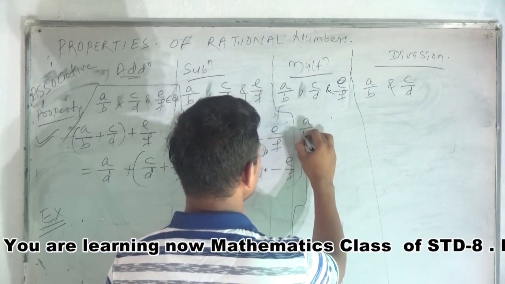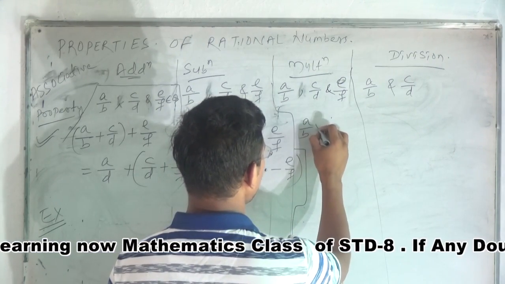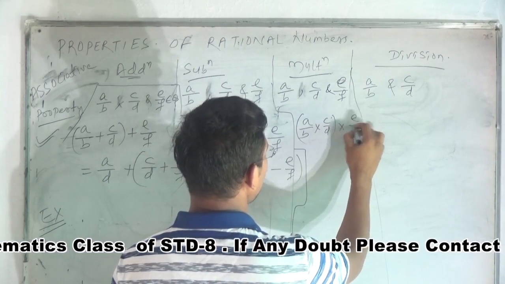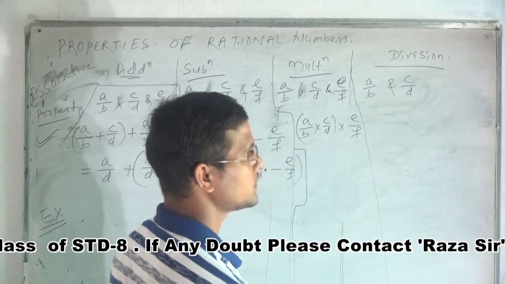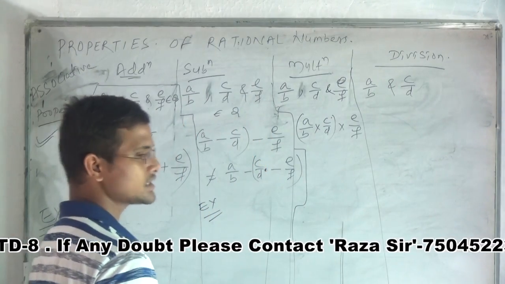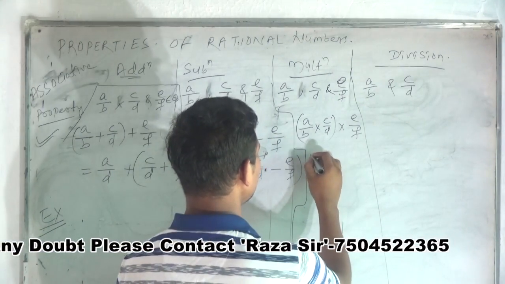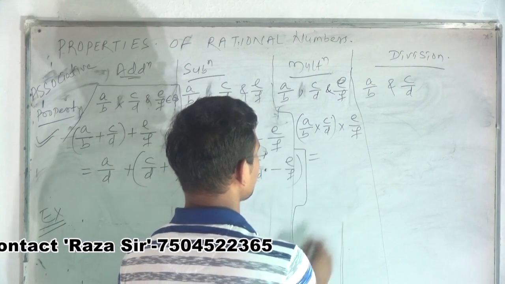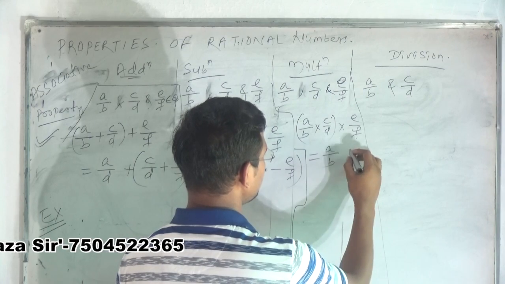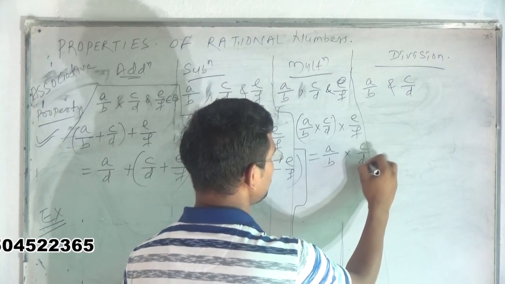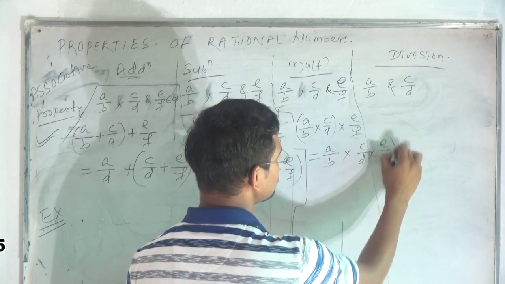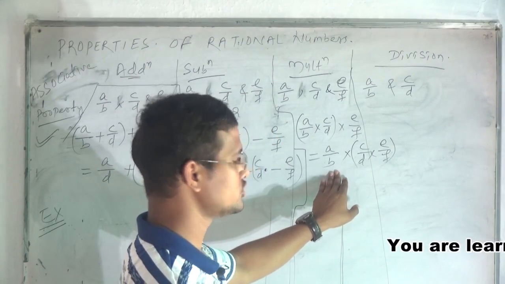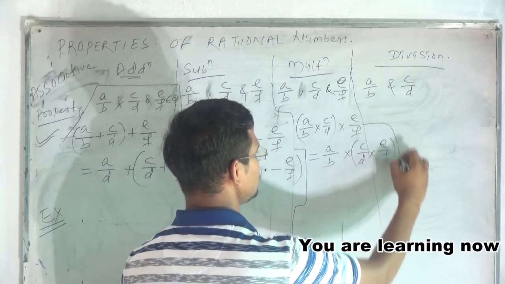Similarly, in the case of multiplication, A by B into C by D into E by F, you first multiply the first and second rational numbers, then the third, and you get an answer. It is also equal if you multiply the third and second first, then multiply by the first. Your answer is equal.